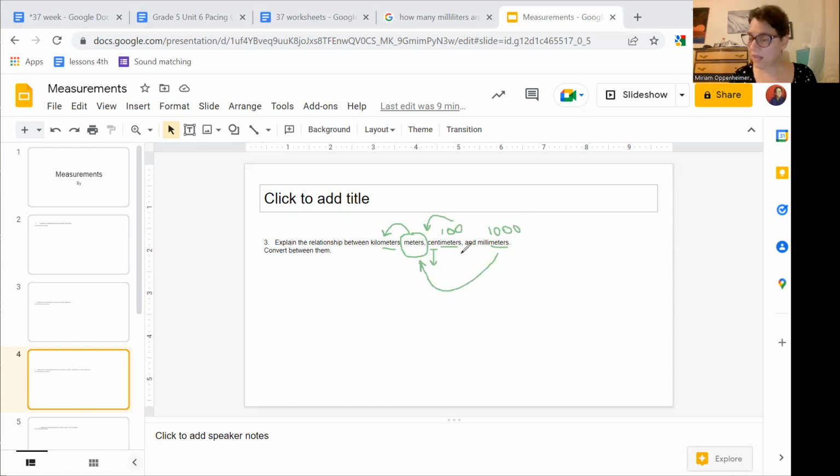So how many centimeters are, you could say, I don't know, how many centimeters are in a kilometer, right? It would be 100 times 1,000. So it would be 100,000, right? 100,000.